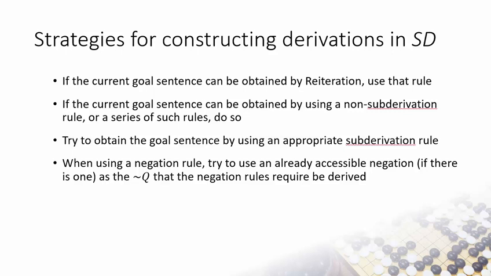Oftentimes this means recognizing, okay, I want to derive a particular thing that's similar to a certain premise, or maybe it's similar to the consequent in a material conditional in a premise. And so that tells me I have to work backwards from there and say, well, I need to get the antecedent.